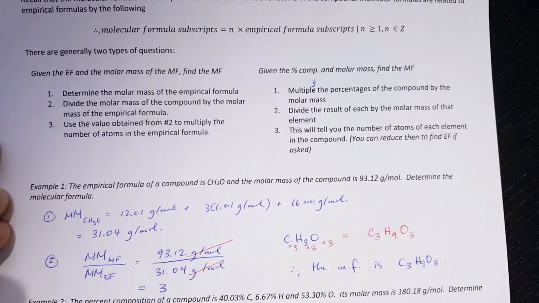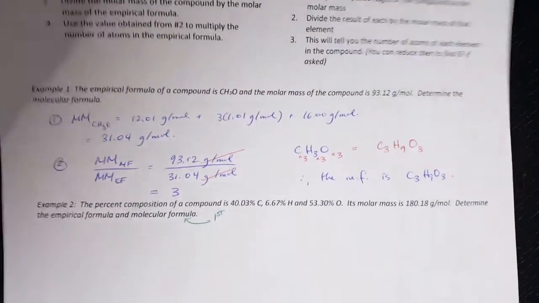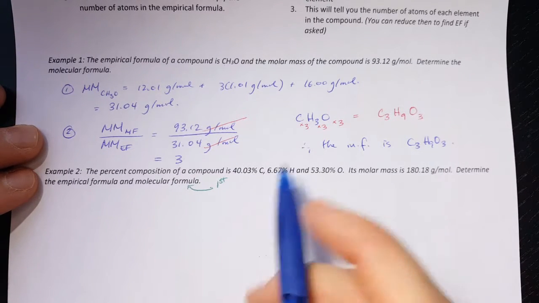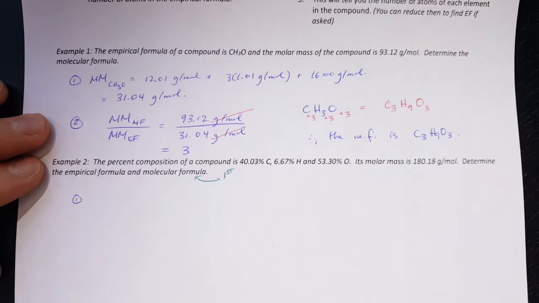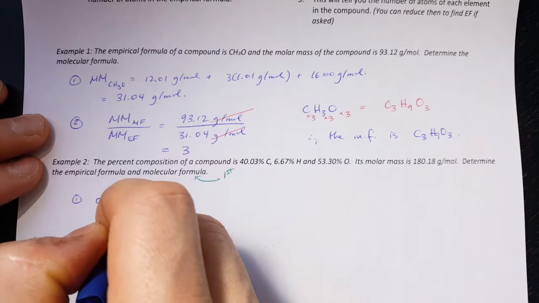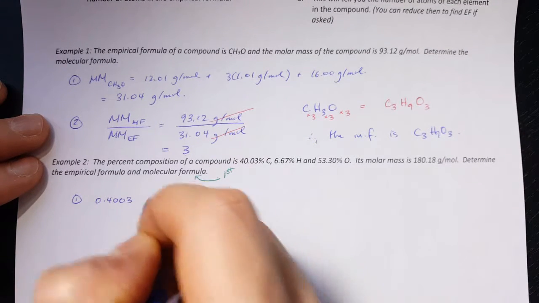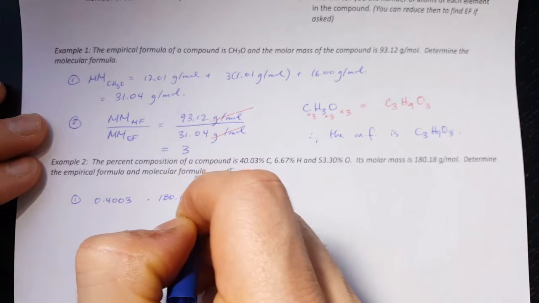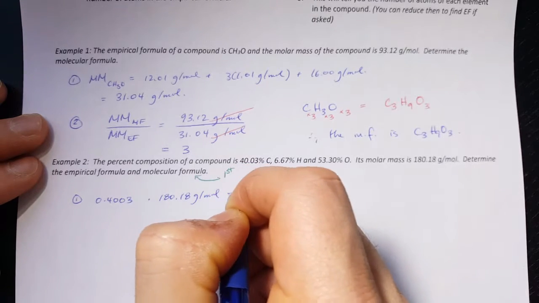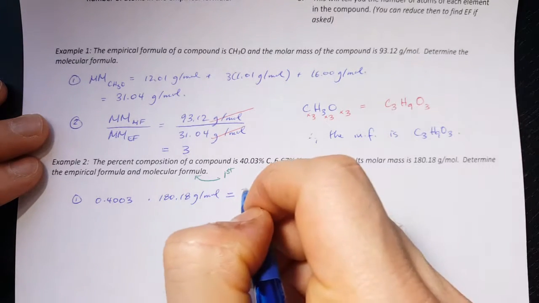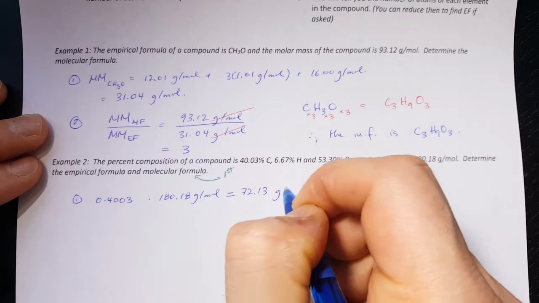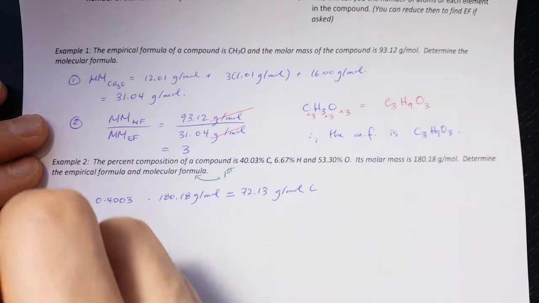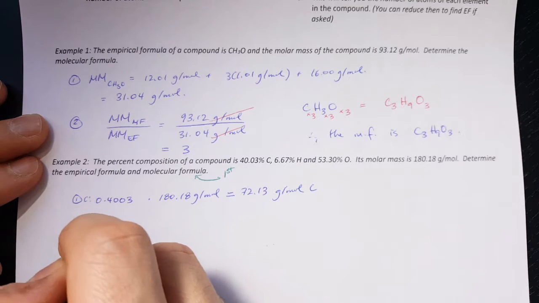Step 1: multiply the percentages of the compound by the molar mass. 40% of my compound is carbon, as a decimal, times the molar mass of the compound, 180.18 grams per mole, and what I end up with is 72.13 grams per mole. And that's for carbon. Let's look at hydrogen.